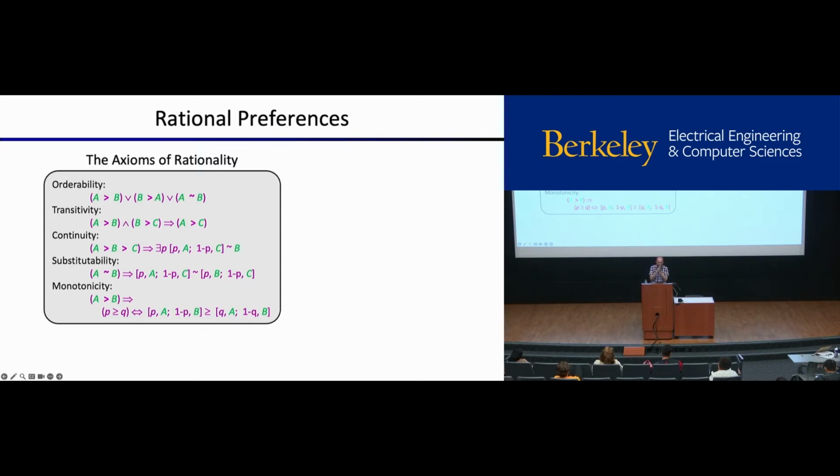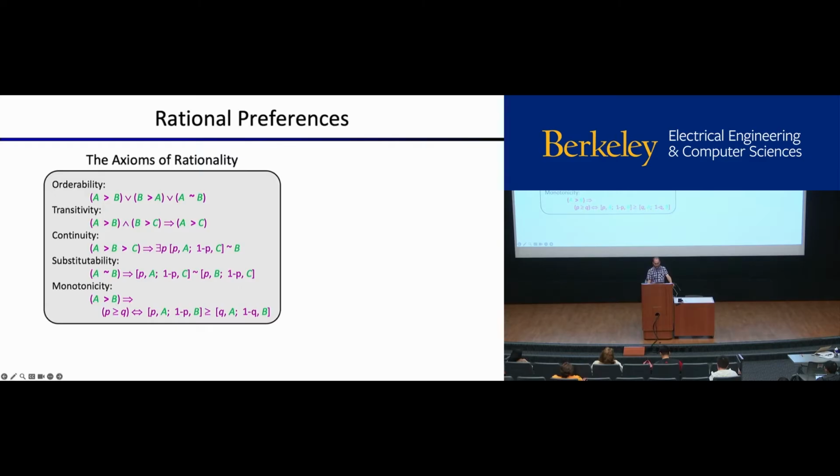There has to be some probability in there where you are in fact indifferent. As the probability goes from 1 down to 0, you're not going to suddenly prefer B to the lottery. At some point in there you'll be indifferent. So that's the continuity assumption.